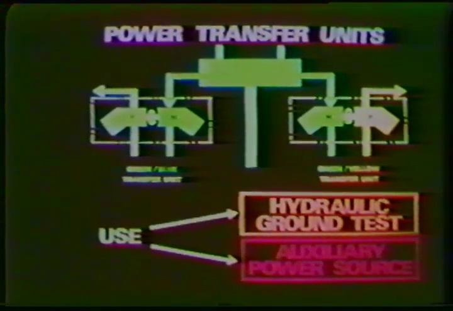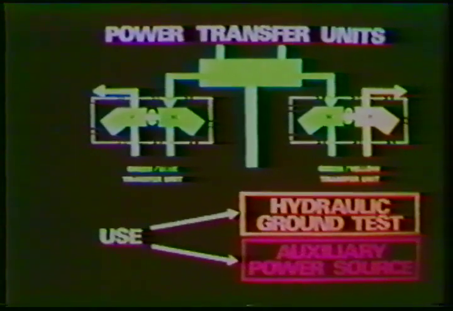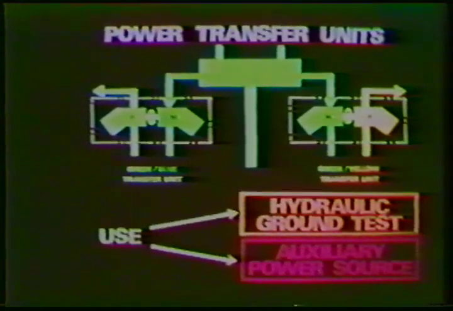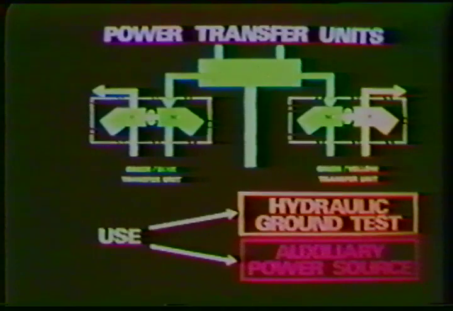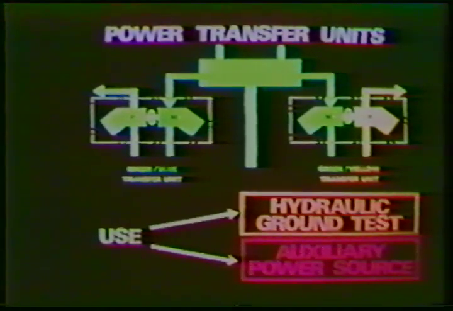They consist of pumps in the blue and yellow systems driven by hydraulic motors in the green system. In this type of motor pump arrangement, there is a transfer of mechanical energy without a transfer of fluid. The PTUs are used for hydraulic ground test and for an auxiliary power source. They deliver 2,500 psi.